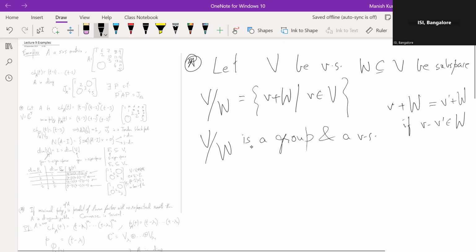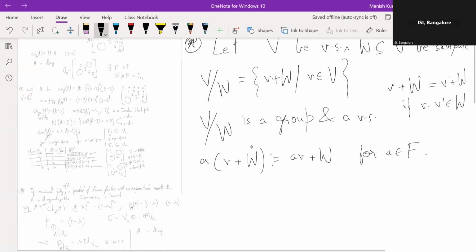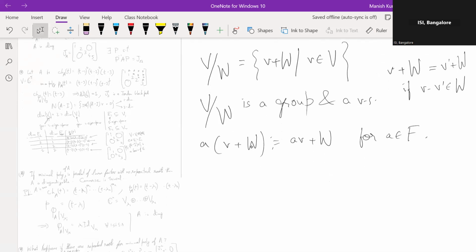So a times (v plus W) is av plus W. You define it this way for a in the base field F. And then you can check that with this operation, this gives V mod W a vector space structure.